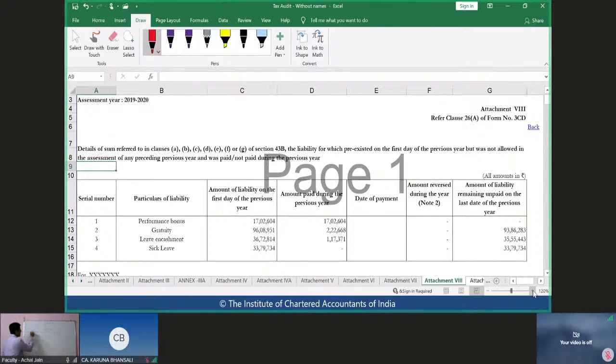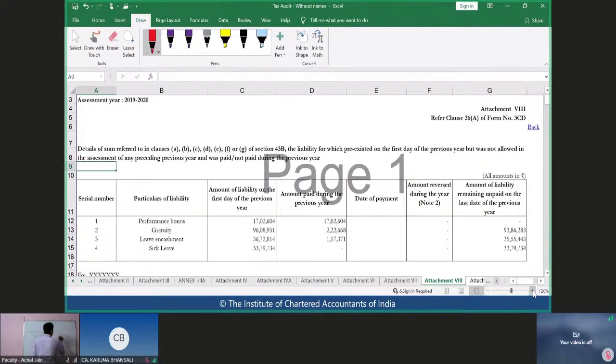So this was not allowed in the preceding year and was paid or not paid during the previous year. So this liability existed on this day. Where did it come from? Preceding year. And this amount may get paid or not paid during this year.